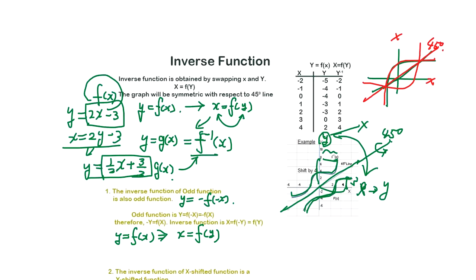So what happens if you put negative y instead? Then x should be equal to, oh, this is the inverse function, sorry, right? Is that correct? So the inverse function of an odd function, if this is an odd function, okay, the inverse function is also odd.